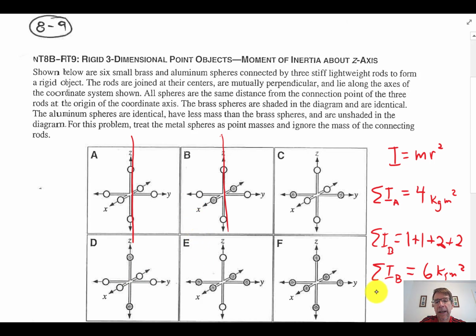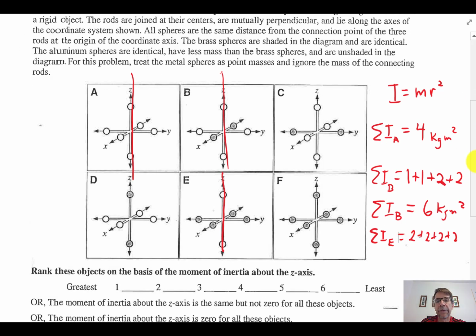In E and F, spinning about that up and down axis, there's 4 brass spheres, so it's going to be 2 plus 2 plus 2 plus 2. So the total there for E and F, the sum of the total moments of inertia is going to be 2, 4, 6, 8 units.